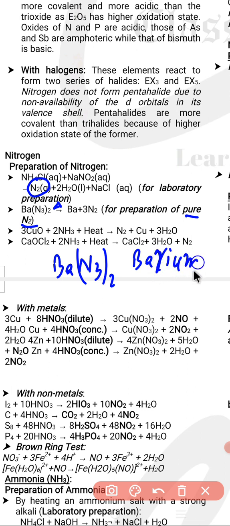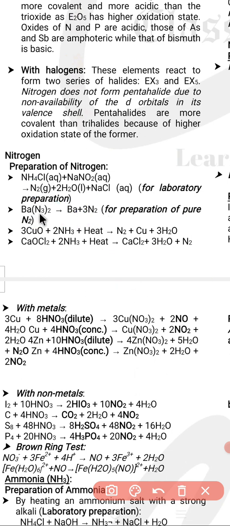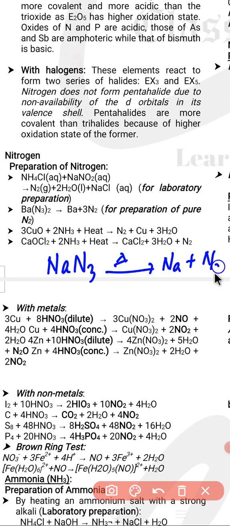When heated, this azide decomposes to barium and nitrogen. Barium will be solid, and the gas evolved will be nitrogen gas. Instead of barium azide, we can also take sodium azide, NaN3, and if it is thermally decomposed, we get sodium and nitrogen. This will be our balanced chemical reaction.